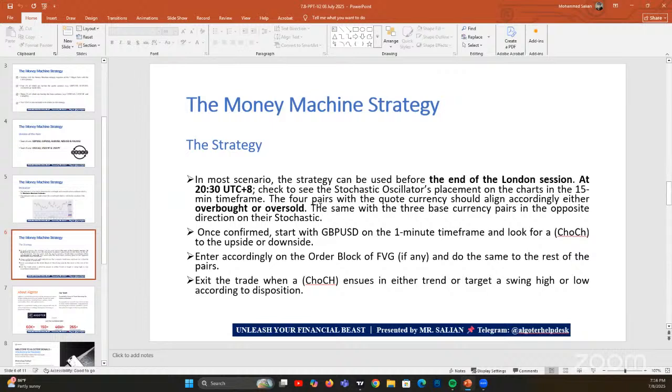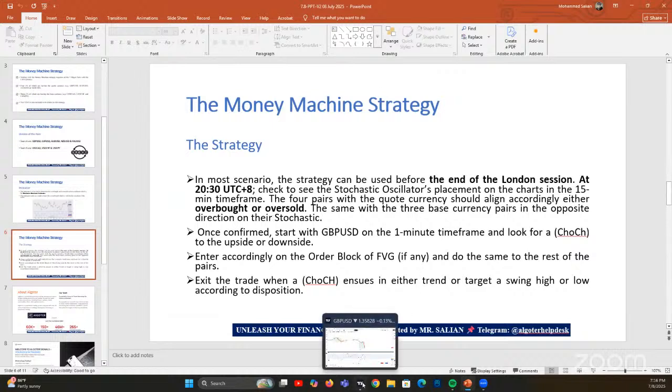The four pairs with the code currency, which is team A, should align accordingly, either overbought or oversold. Any day, today it can be overbought, and tomorrow it can be all oversold. That's how simple it is. The same with the three base currency pairs, in the opposite direction on their stochastic.